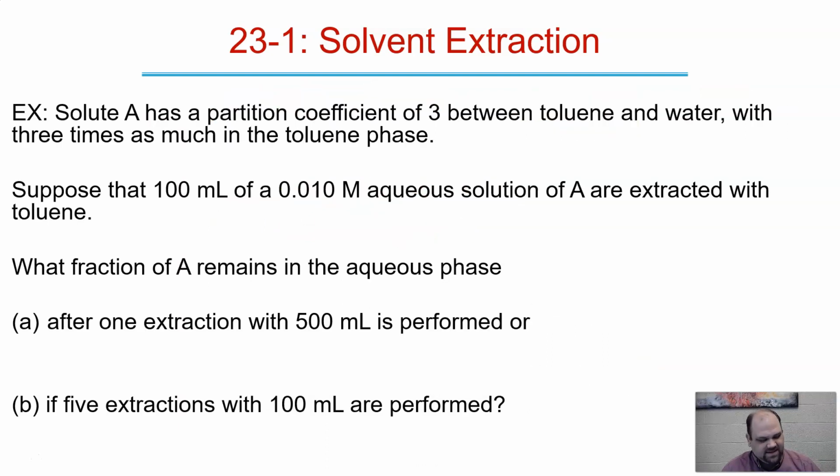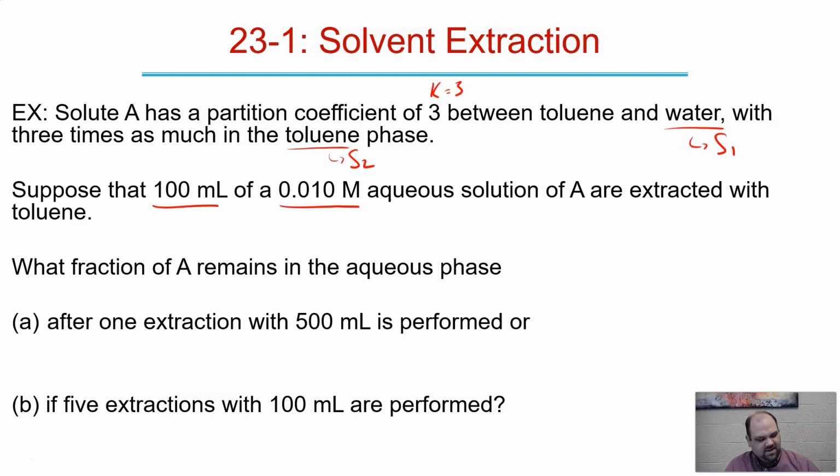Let's do a quick example. We have a partition coefficient of 3, so K equals 3, between toluene and water with 3 times as much in the toluene phase. So toluene then must be S2 and water must be S1. So we have 100 milliliters of a 0.1 molar aqueous solution that are extracted with toluene.